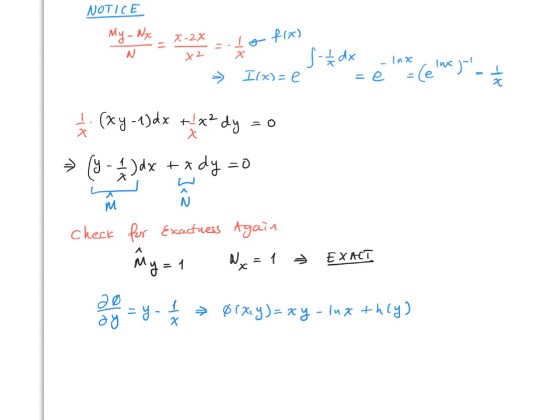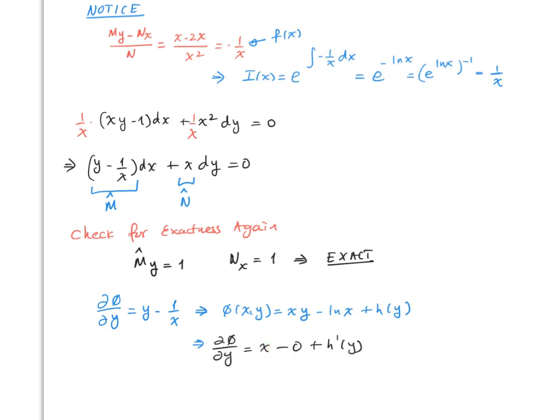Then remember, if you take the derivative of this with respect to y, it's supposed to give you x. So from here, it follows that the partial of phi with respect to y is equal to x minus 0 plus h prime of y.